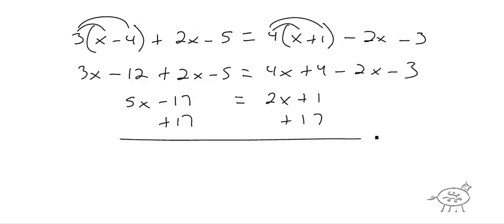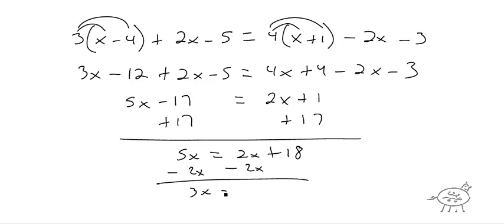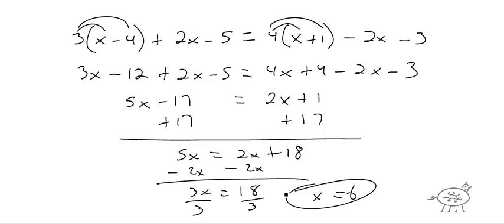I get 5x equals 2x plus 18. Subtract 2x and get 3x equals 18. Divide by 3. x equals 6. So that big old mess, x comes out to be 6. That's not too bad.